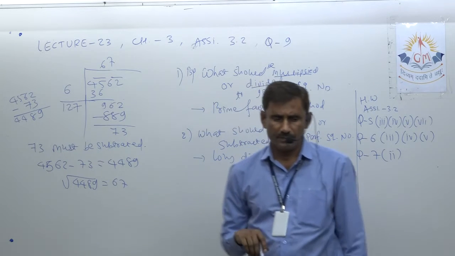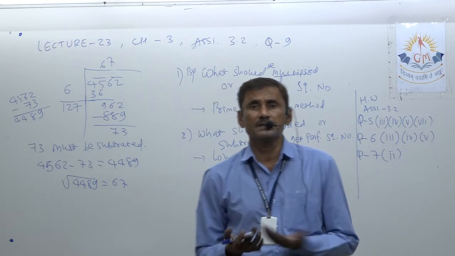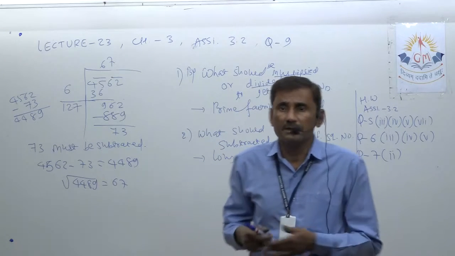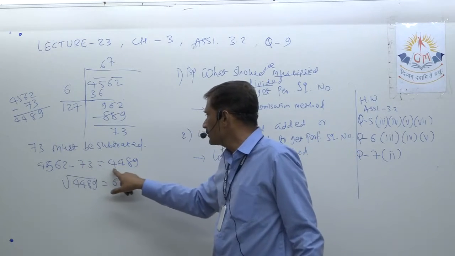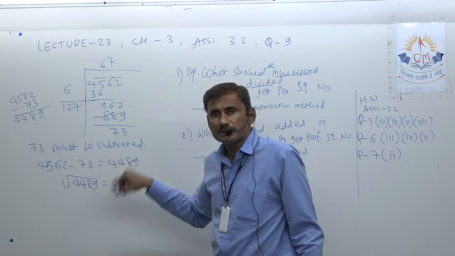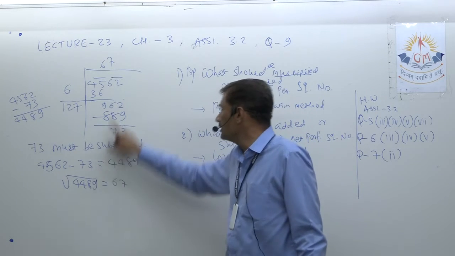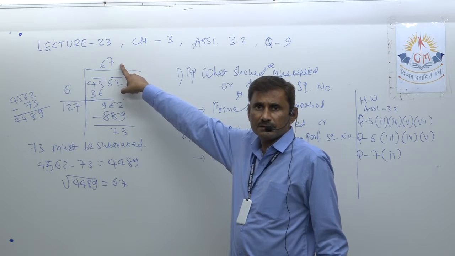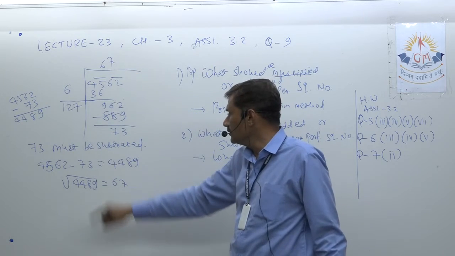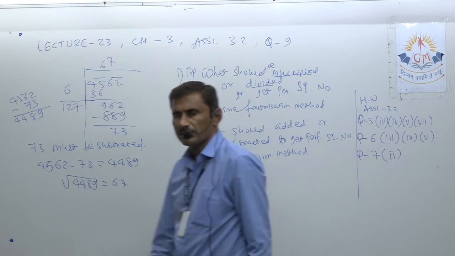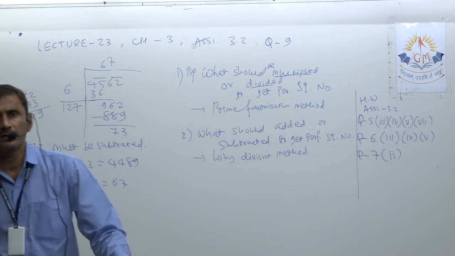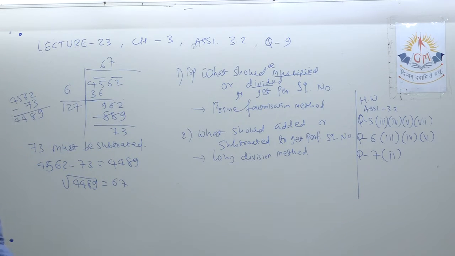But after subtracting 73, what will be there? Just subtract 73, what is left? 4489. Now what is the square root of 4489? It is 67. If you make 67 square, it will obviously be 4489. So give the answer from the remainder only whenever they are asking what should be subtracted.